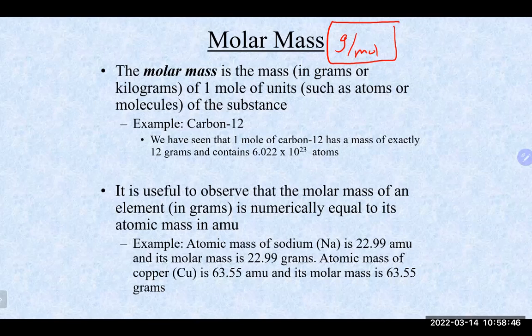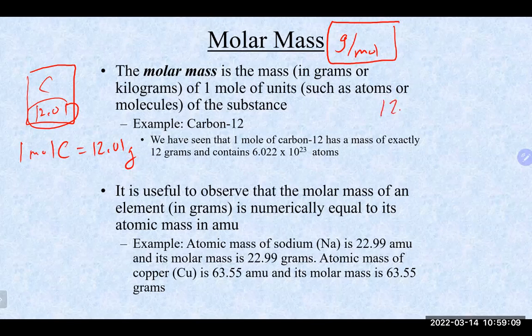So how we usually pull information from the periodic table is we really won't use AMU all that much, but we will use it as the molar mass. So if we looked at carbon, 1 mole of carbon would have 12.01 grams. And we could write the molar mass of carbon as 12.01 grams per mole.